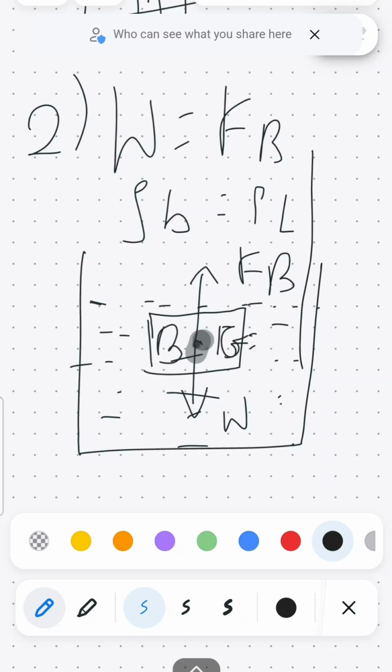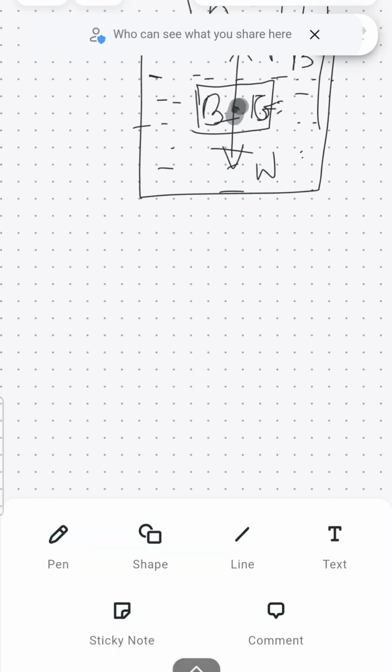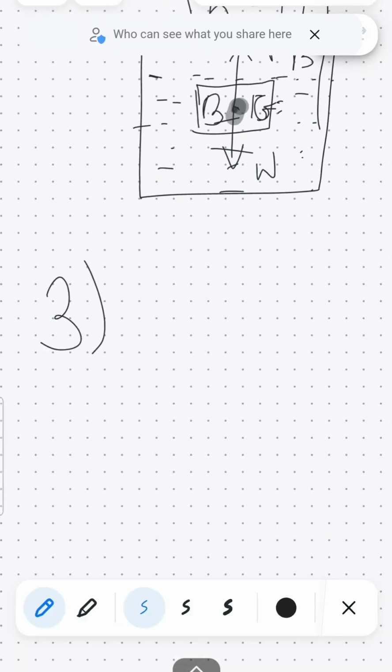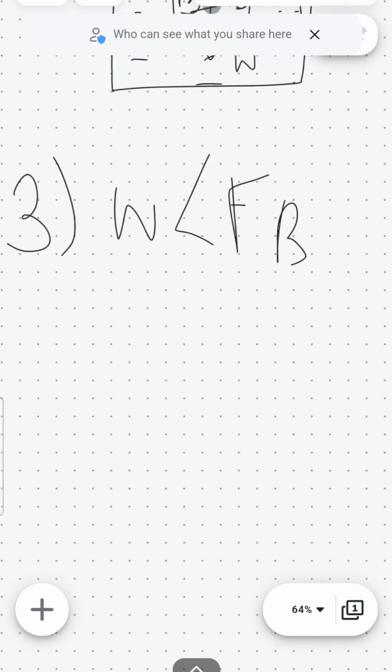Now the third case is when W is less than Fb. So the weight of the body is less than the weight of the liquid displaced.